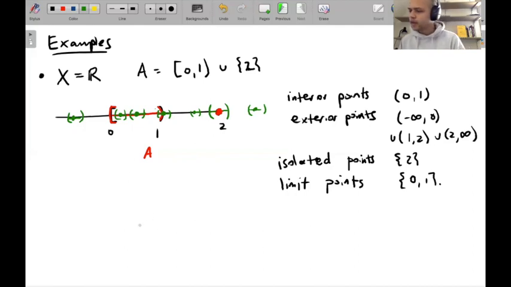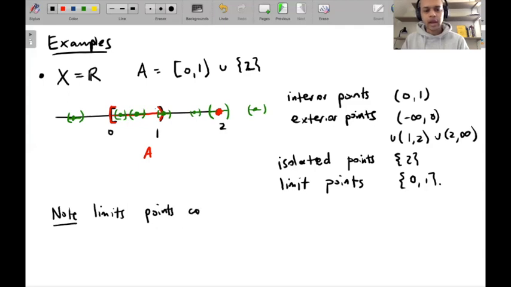So a couple of observations, or maybe just one observation. So note, limit points can be in either A or A complement.